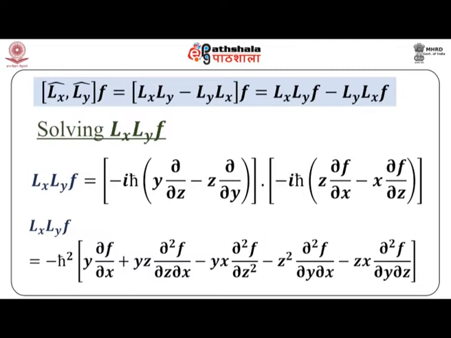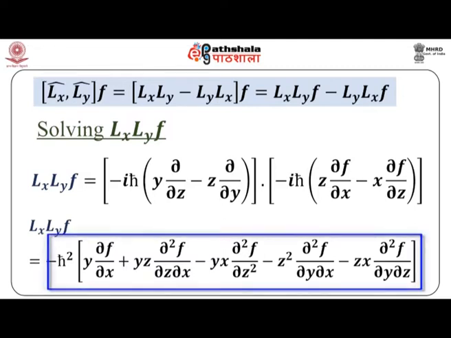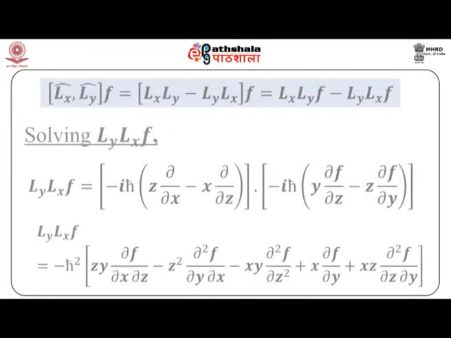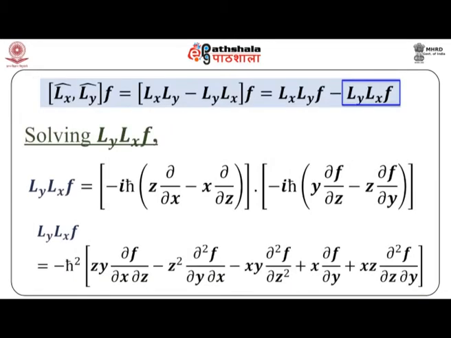On solving this, we get minus h cross square (y del f by del x plus yz del square f upon del z del x minus yx del square f upon del z square minus z square del square f upon del y del x minus zx del square f upon del y del z).